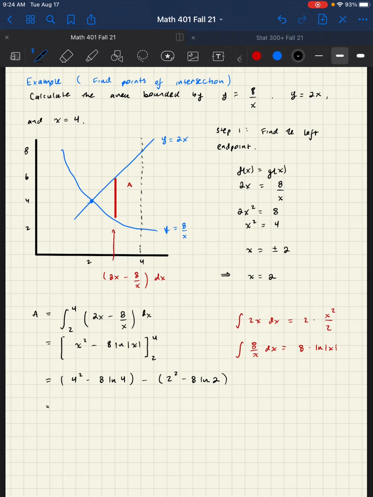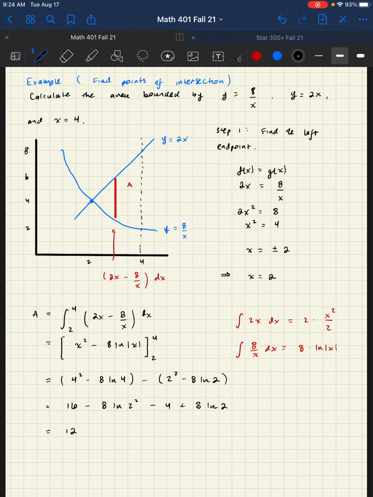So 4 squared, 16, minus 8 ln 2 squared, minus 4 plus 8 ln of 2. The whole point here is I want to represent everything in terms of just a pure number, or a multiple of ln of 2.